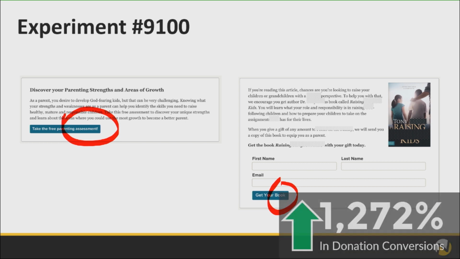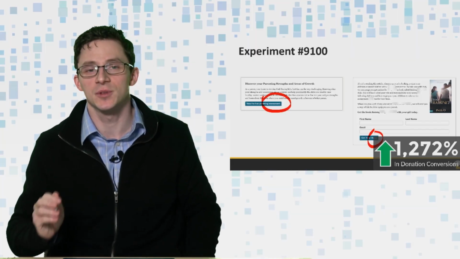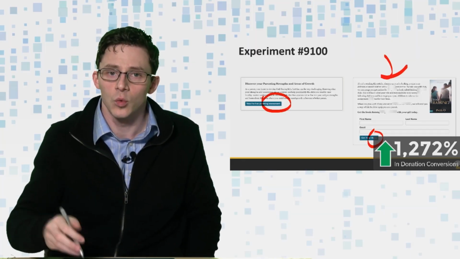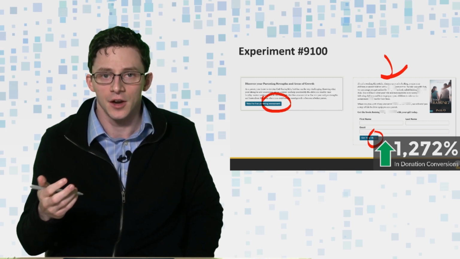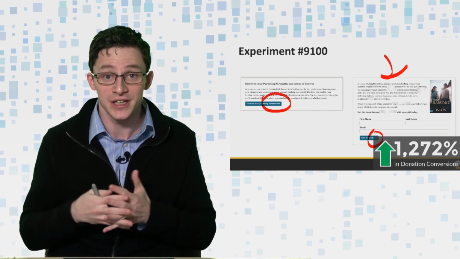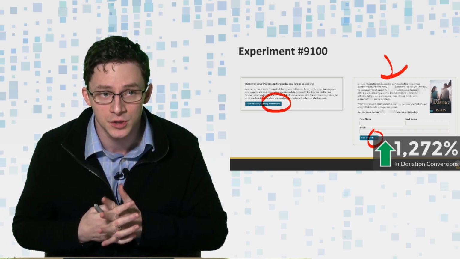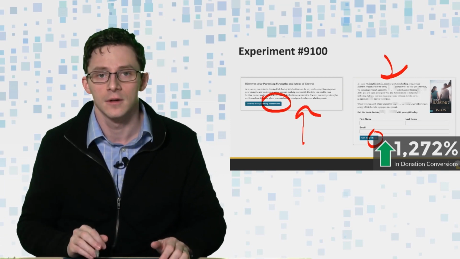Well, lo and behold, the ebook not only attracted more email addresses, but immediately thereafter, they were able to attract 1,000% plus more donations. The way this relationship started over here was far more effective to getting somebody interested and excited about what this organization was doing than this.